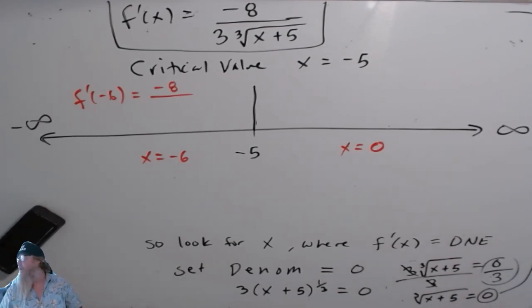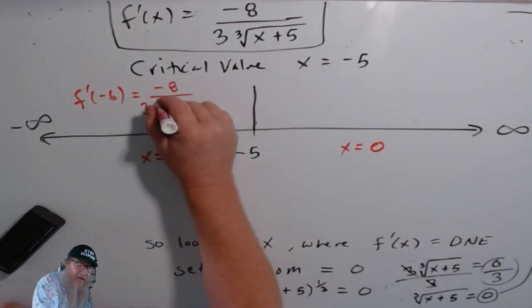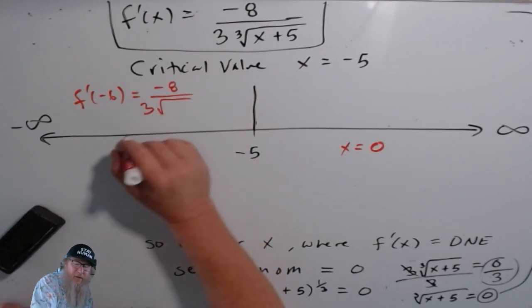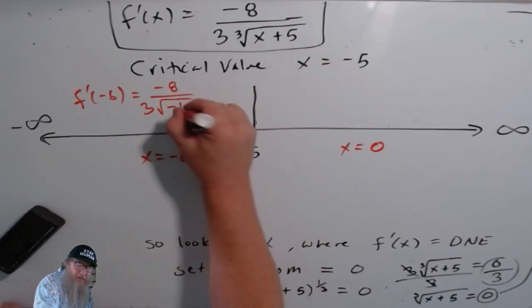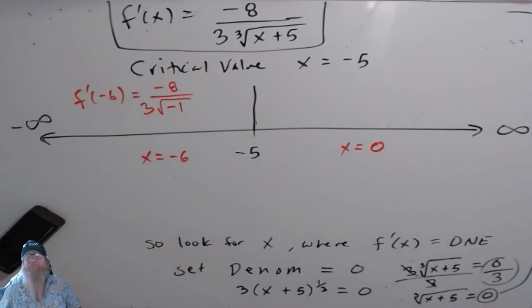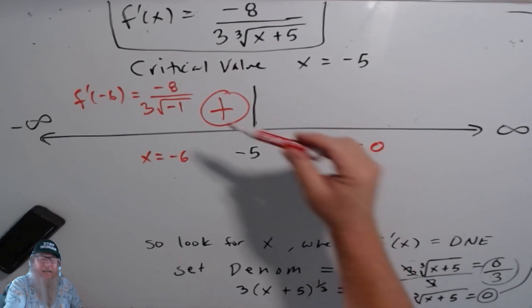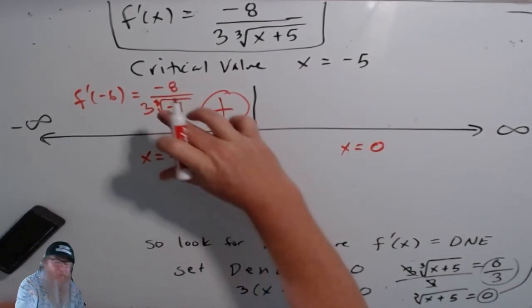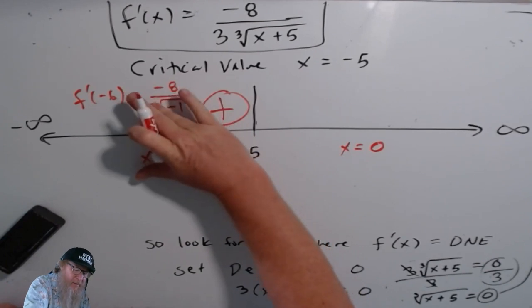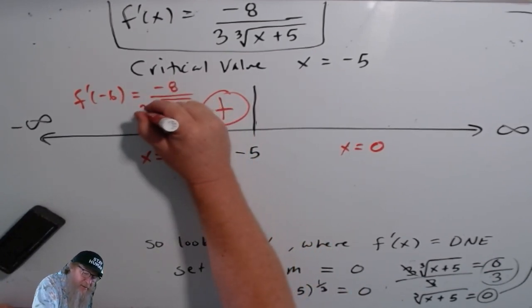over 3 times the cube root of negative 6 plus 5, which is negative 1. Well, that's going to be positive, because it's a cube root. If this was a square root, I'd have a problem here. You can't have the square root of negative 1, not in this class.